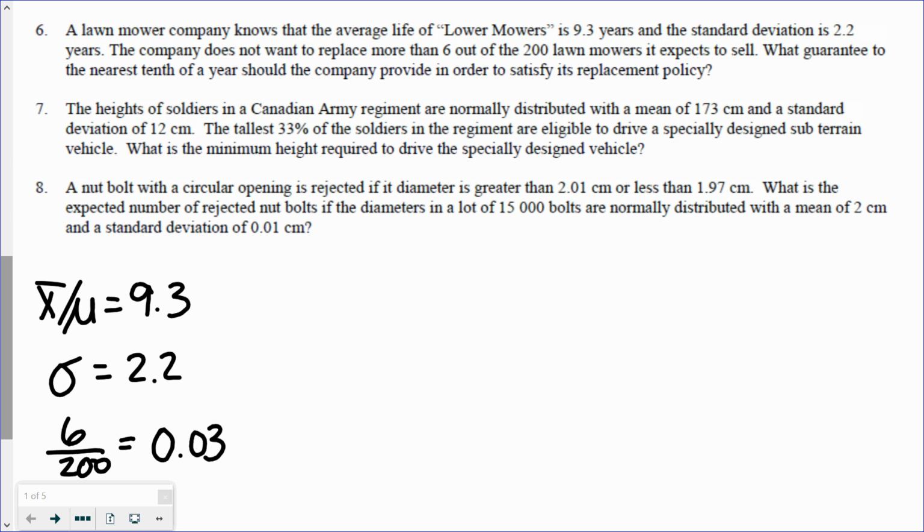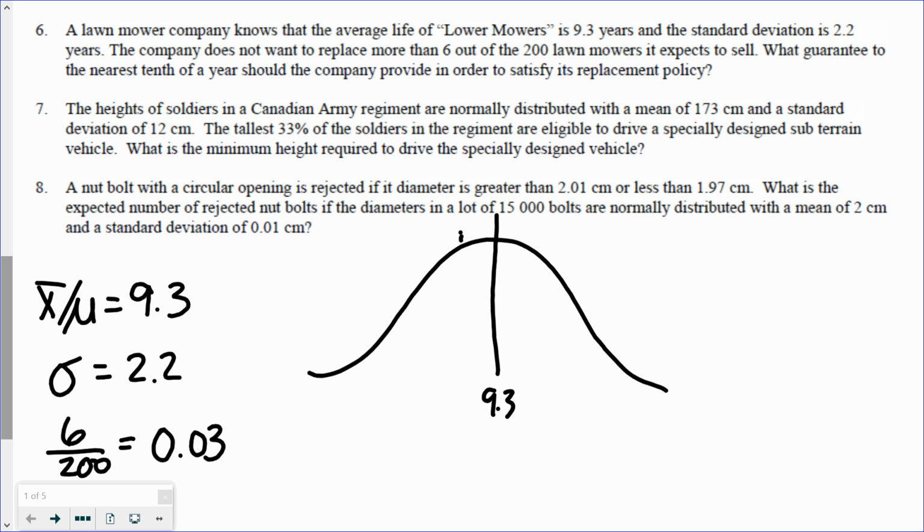So 0.03, what that actually represents is, if we lightly sketch out our curve, again, this is our mean of 9.3, our standard deviation is 2.2. I'm not going to write all that in, but they don't want to replace more than, like this is the tail end, so whatever, that's 5 years or something like that.